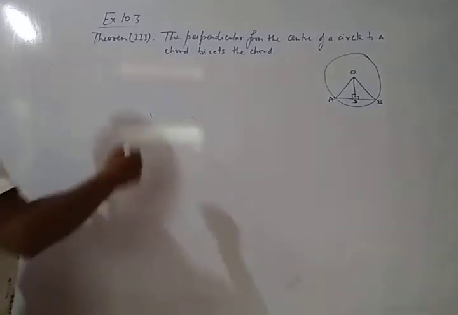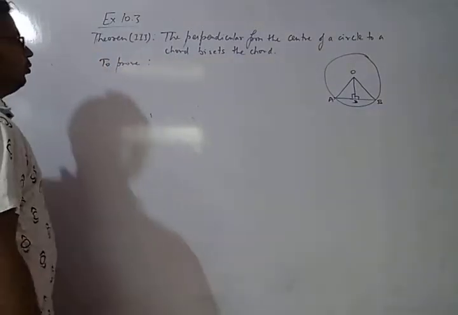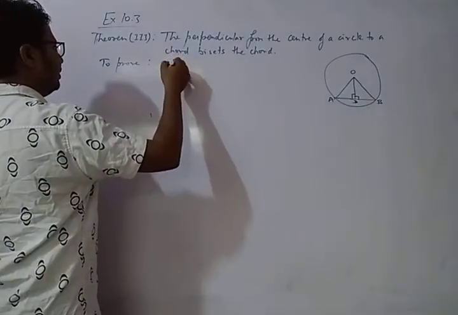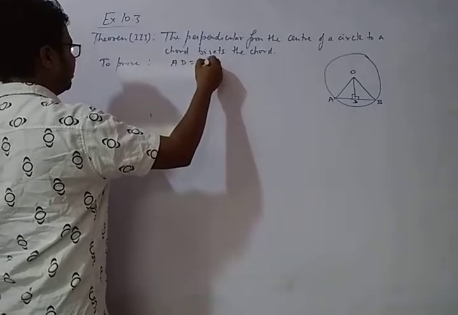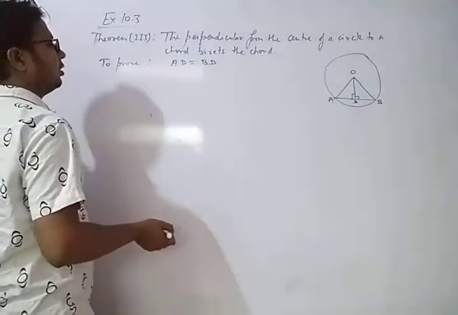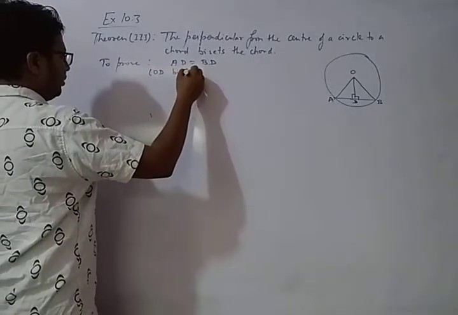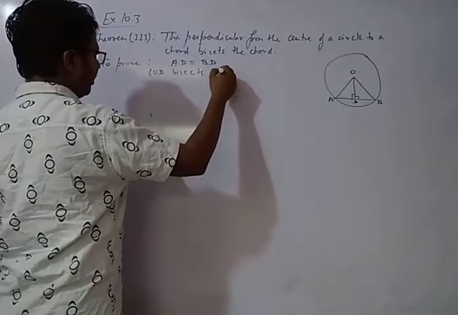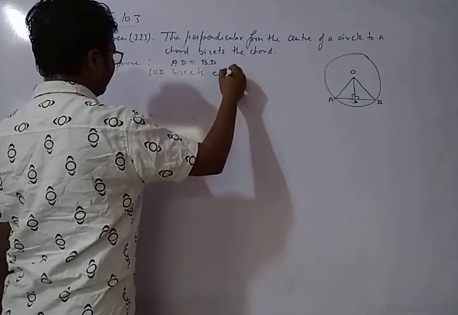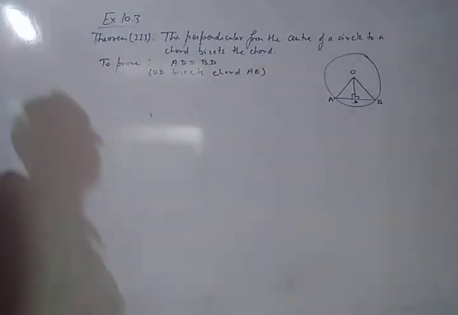What we have to prove here is that AD is equal to BD, which means OD bisects chord AB. ये हमें प्रूव करना है.